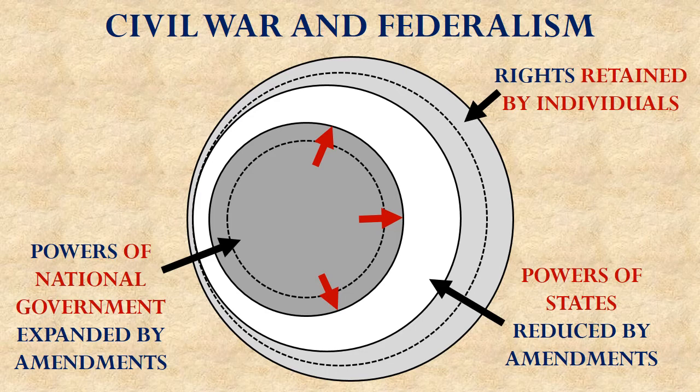It's too easy to get caught up in that and not recognize what this is doing to the balance of power in the country. Even though the outcomes may have been good, the method that was used was a method that was changing the constitutional structure. It was taking power away from the states and giving it to the national government.